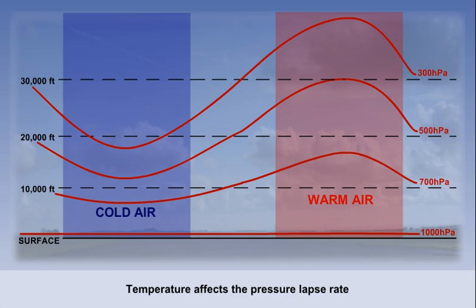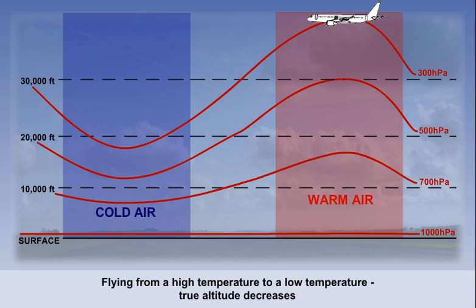Let's recap what we've already learnt about how temperature affects the lapse rate and pressure levels. Here we can see that if we cool air down, the pressure levels contract and increase the pressure lapse rate. If we warm the area on the right, we can see an expansion of the pressure levels. Let's fly an aircraft from the area on the right to the area on the left at a constant indicated altitude.